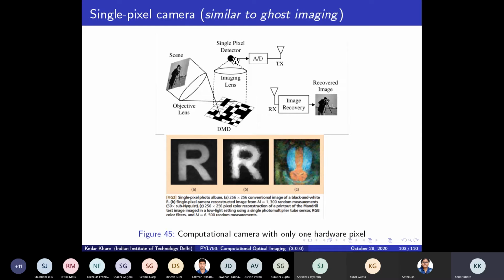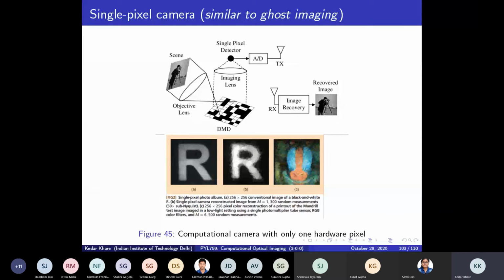So on the single pixel detector, I will get a time varying signal. This signal was sent out somewhere else, and depending on which DMD patterns were used, you can feed this into a compressive sensing type algorithm and do image recovery.